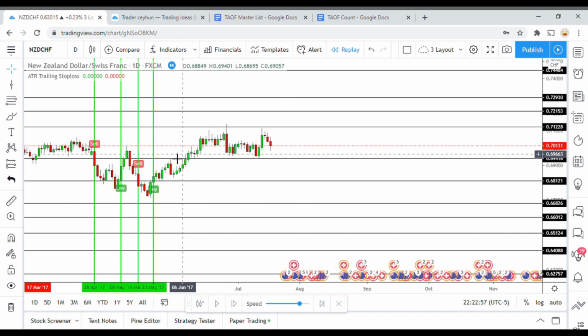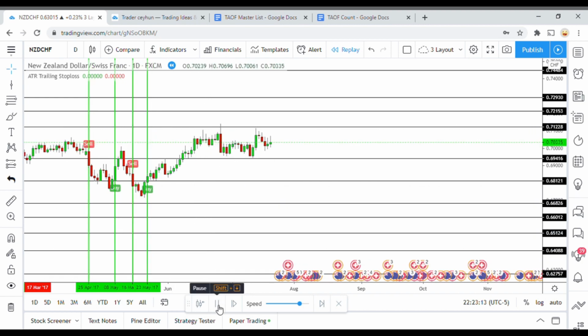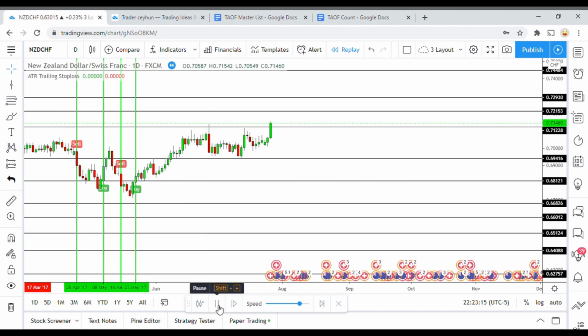It's always interesting, something to keep an eye on when it comes to market structure, areas of support and resistance, is when you get bars where the wicks are piercing through but rejecting. That's always something to be very mindful of.